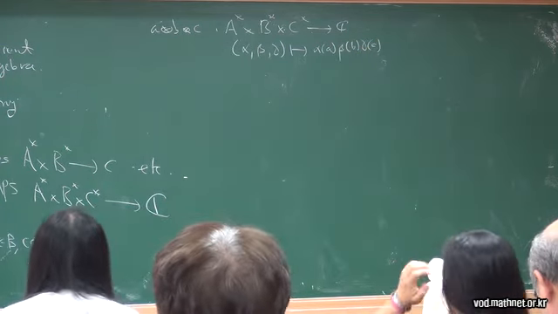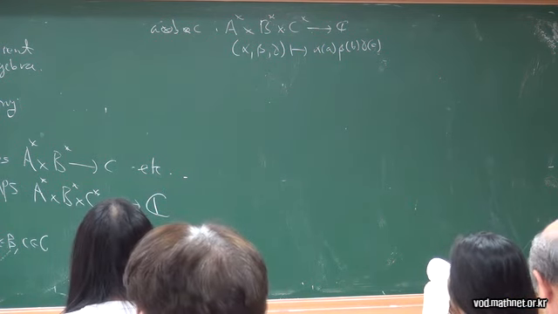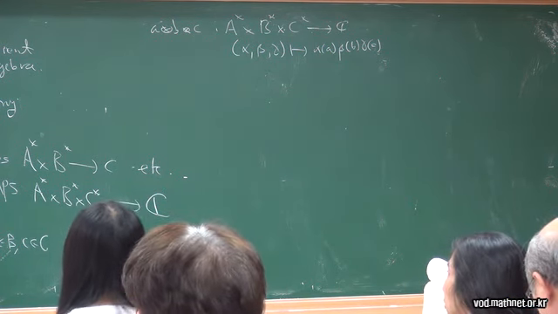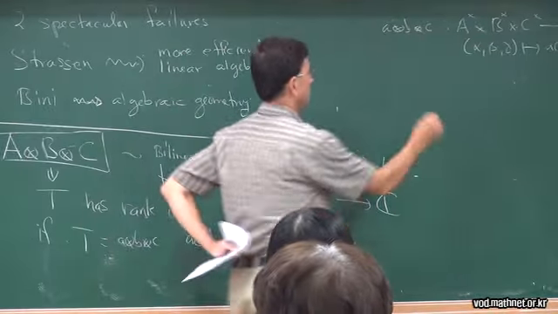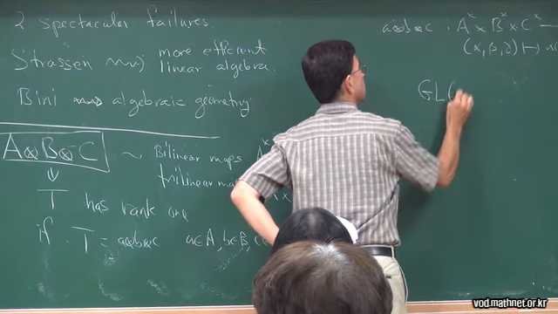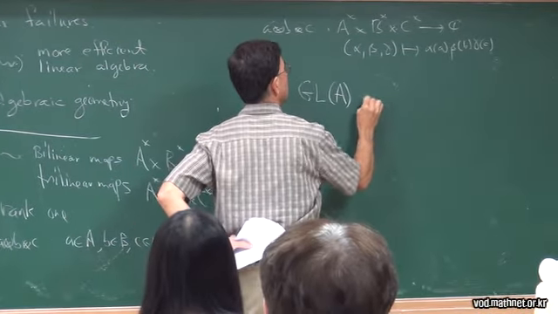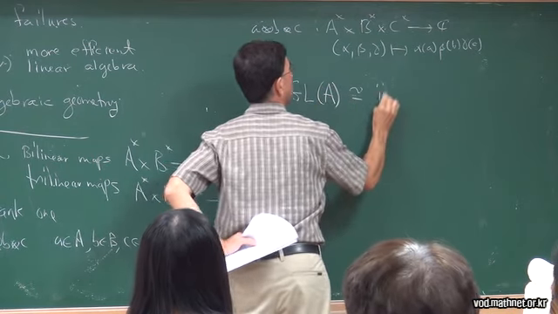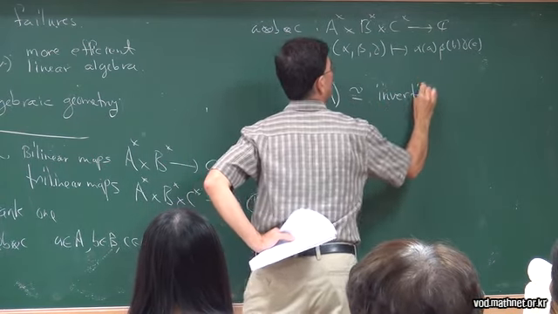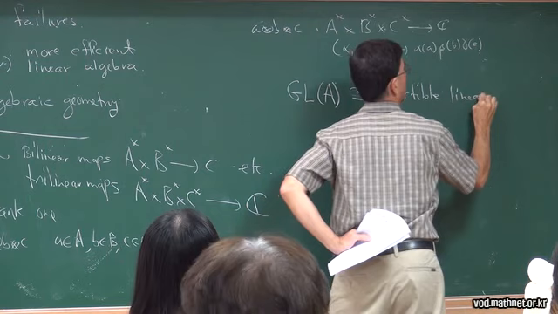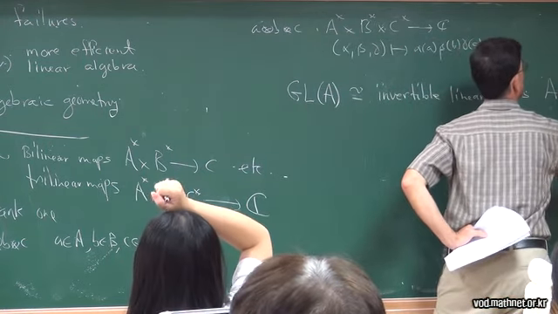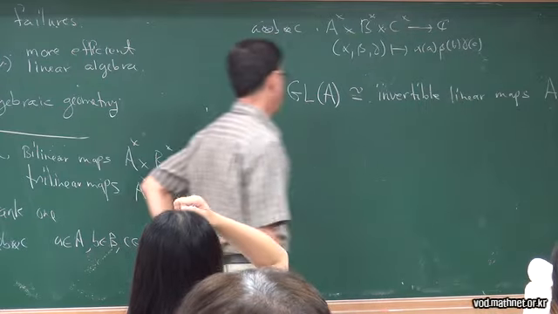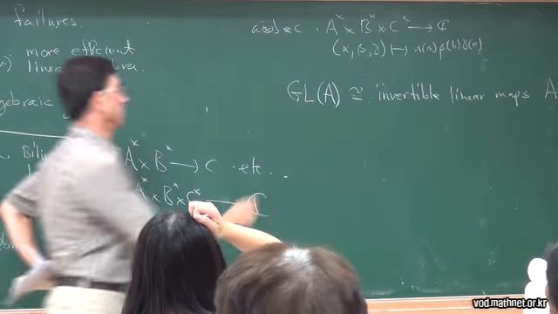And we discussed that. Now, because we'll be interested in geometry, things that do not depend on coordinates, we should keep in mind the changes of bases. So this will denote the invertible linear maps from A to itself. This is a group, the general linear group.